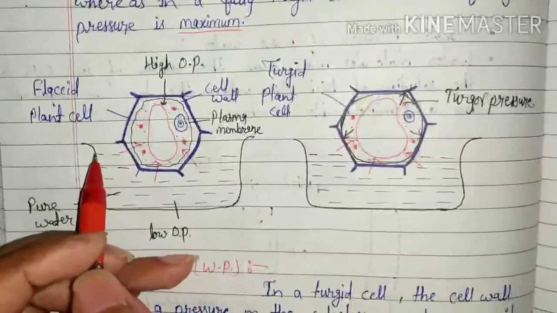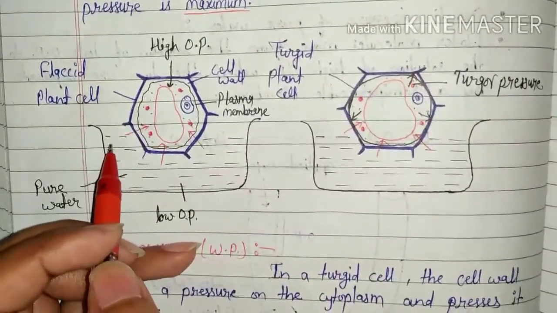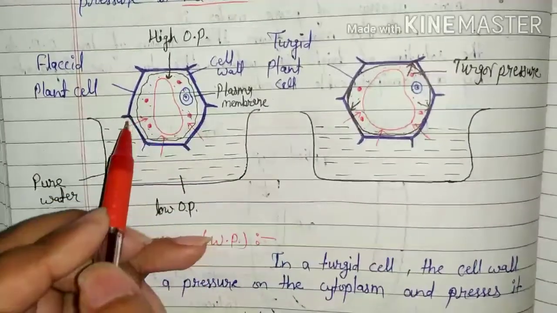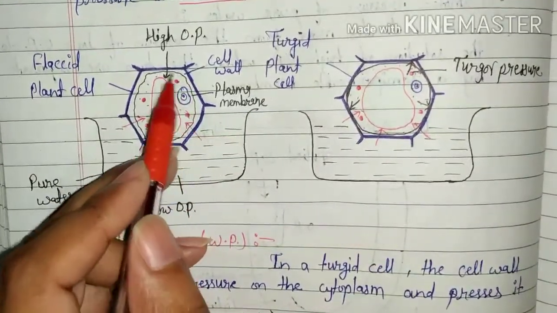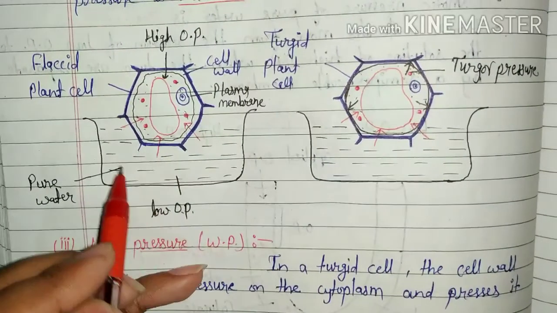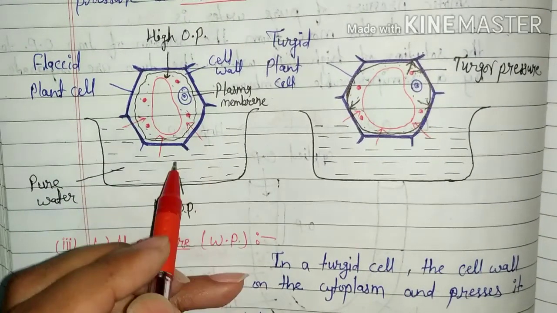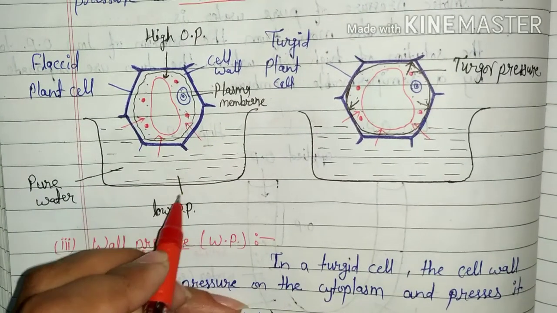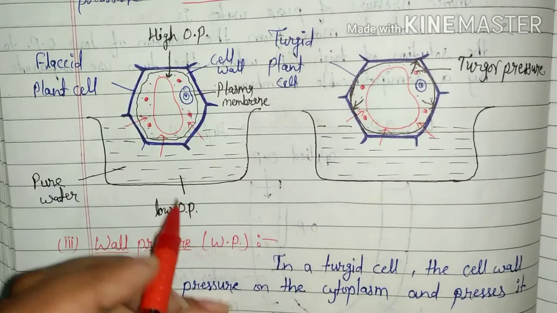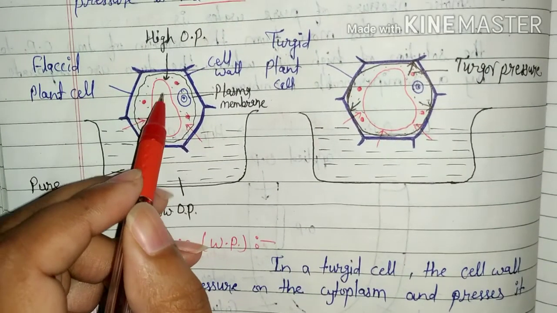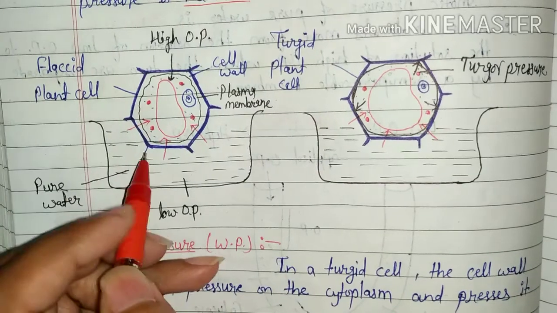Let's see the process of turgor pressure in a plant cell. When a plant cell in flaccid condition is placed in a pure water medium, pure water contains low osmotic pressure and the plant cell contains high osmotic pressure.